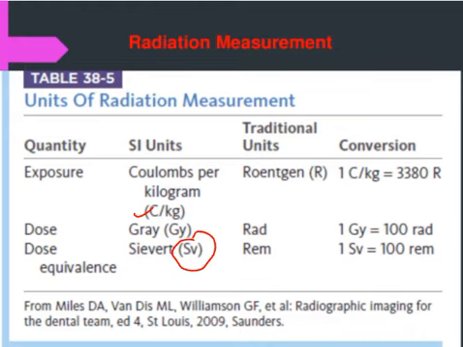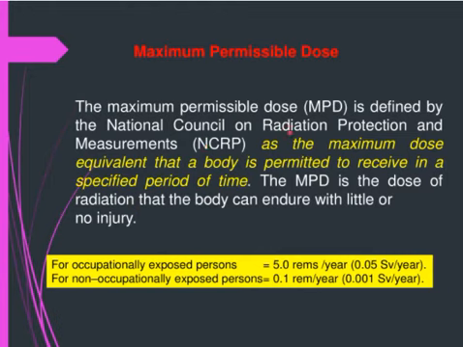Okay, so here, maximum permissible dose. It is defined by the National Council on Radiation Protection and Measurement as the maximum dose equivalent that a body is permitted to receive in a specified period of time.